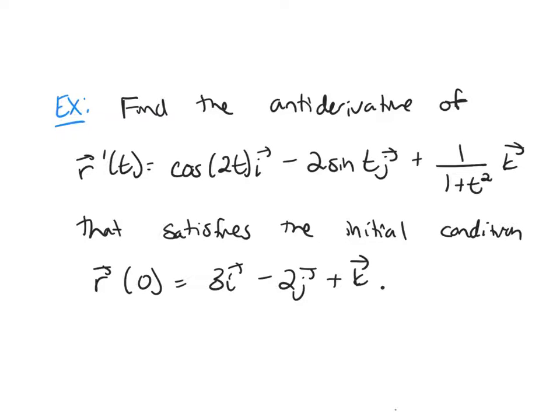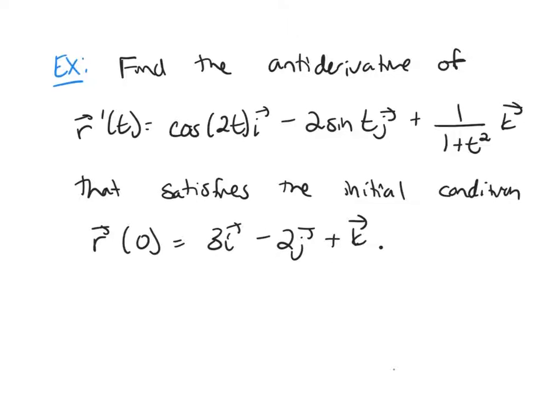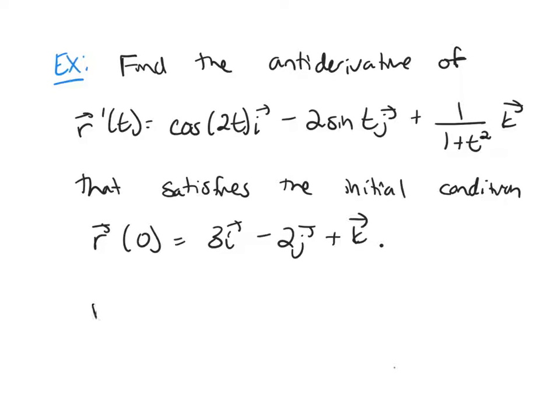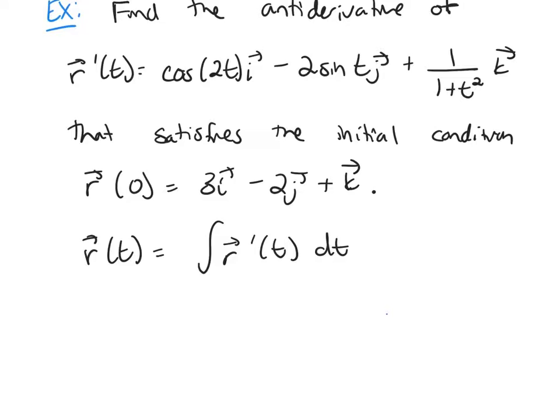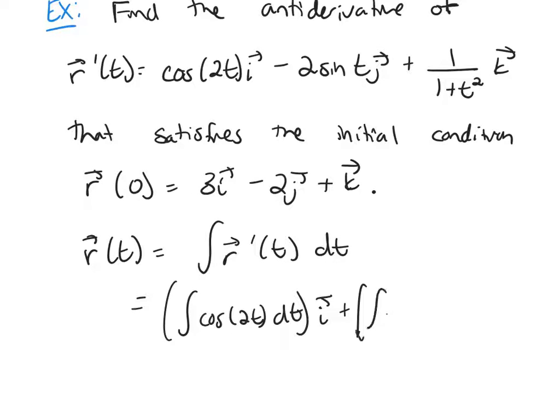So the first thing we're going to do is find the antiderivative. We're going to find r of t. It's the integral of r prime of t. So we're going to integrate each one of our component functions. The integral of cosine of 2t plus the integral of minus 2 sine t.